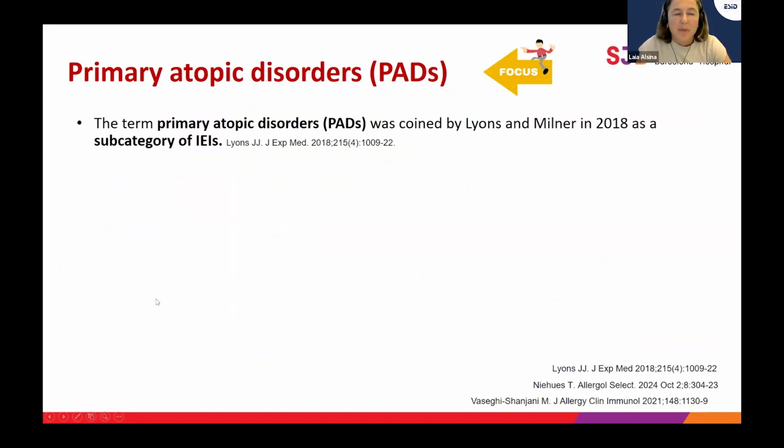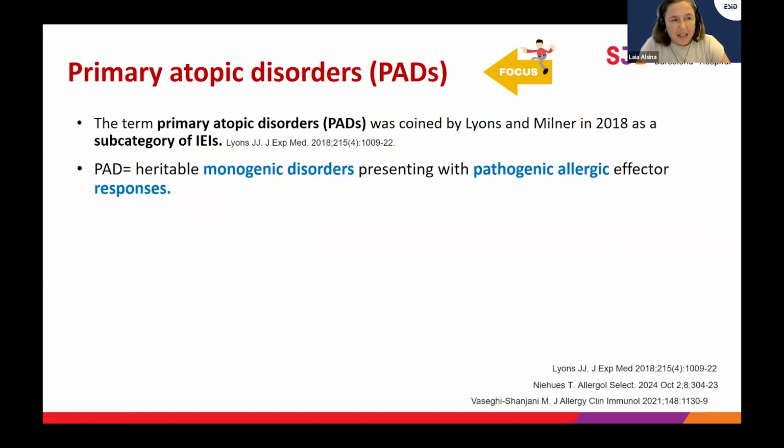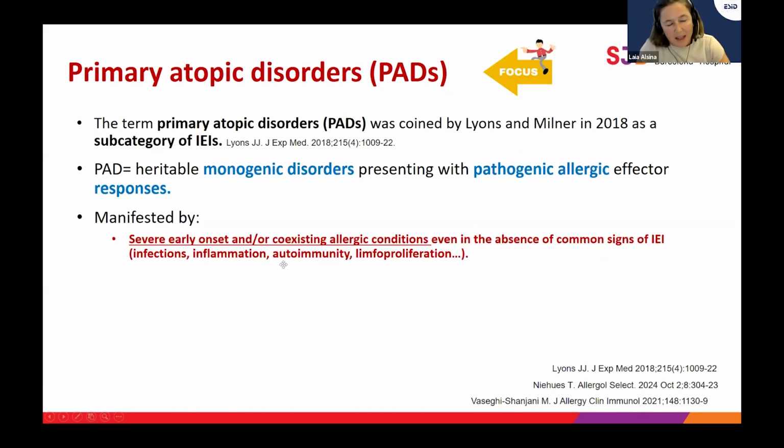So the term primary atopic disorders was coined by Lyons and Milner in 2018 as a subcategory of inborn errors of immunity. They are considered heritable monogenic disorders that present with pathogenic allergic effector responses. And thus, they are manifested by severe early onset and/or coexisting allergic conditions, even in the absence of common signs of inborn errors of immunity, such as infections, inflammation, autoimmunity, or lymphoproliferation.